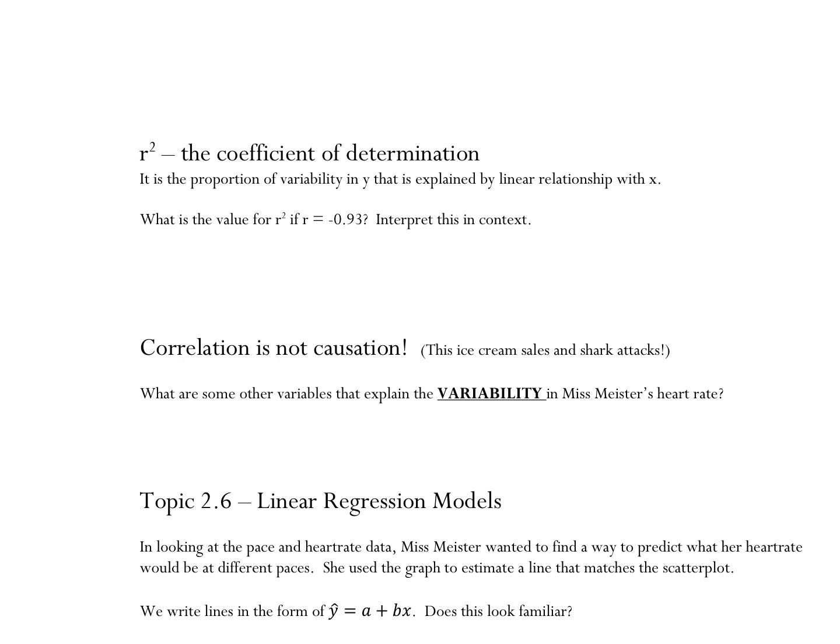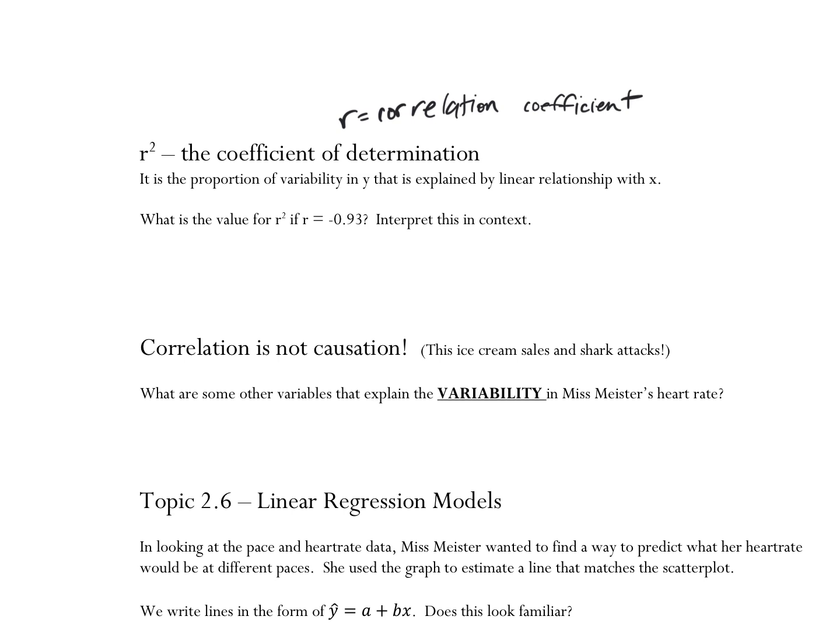You guys, r squared. So r is equal to our correlation coefficient. R squared is called the coefficient of determination. So there's a difference between r and r squared. Okay?